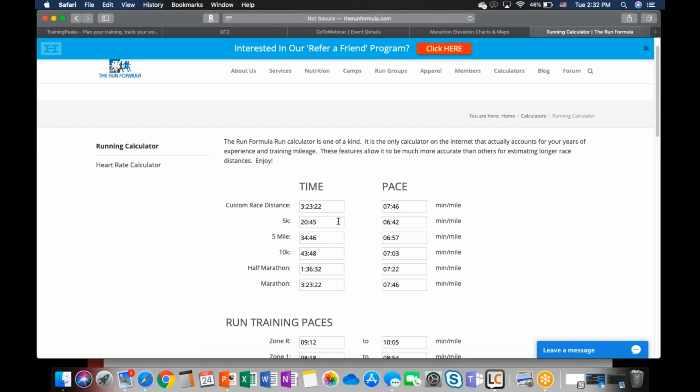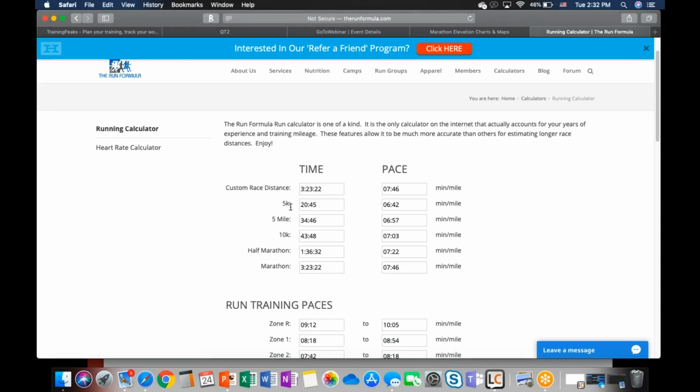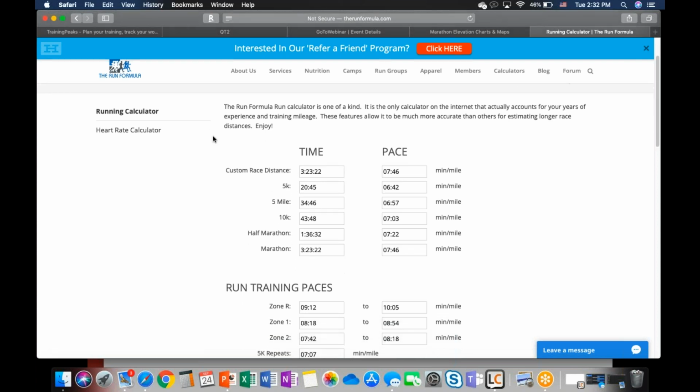I actually did run a 5K and I ran around 21 minutes or 20:50, that type of thing. And then basically you get your goal. This is what the calculator says you can run for your actual goal race, that Bay State Marathon that has 20 feet of elevation gain per mile. It thinks that I can run 3:23, so that's great.